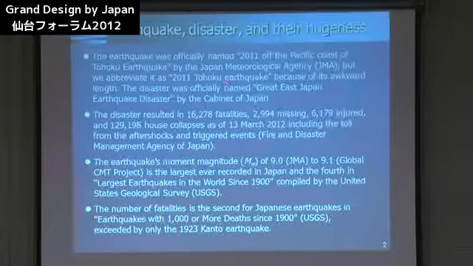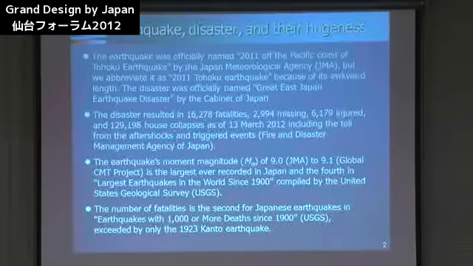The disaster was officially named the Great East Japan Earthquake Disaster by the Cabinet of Japan. The disaster resulted in 16,278 fatalities, about 3,000 missing, 6,000 injured, and 129,000 houses collapsed as of one year after the event, including the toll from aftershocks and triggered events.